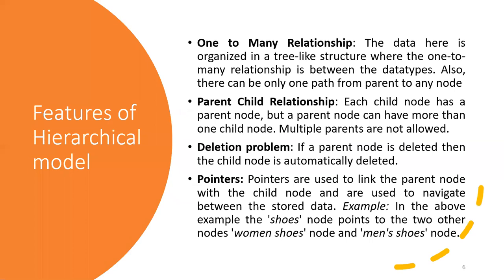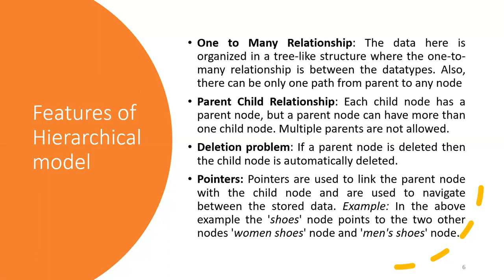This is a small example, and next we will discuss the features of the hierarchical model: one-to-many relationship, parent-child relationship, deletion problem, and pointers. One-to-many relationship: the data is organized in a tree-like structure where the relationship between the data types is one-to-many. Also, there can be only one path from the parent to any node. This is a very important point.